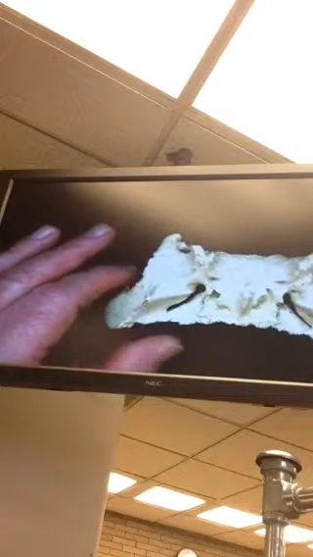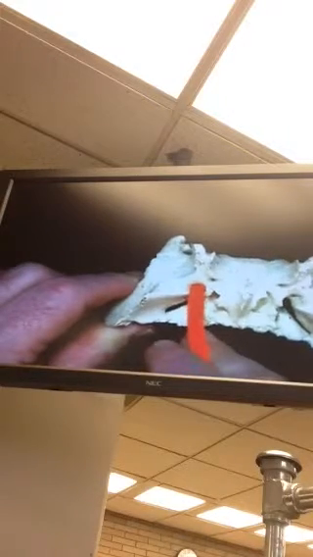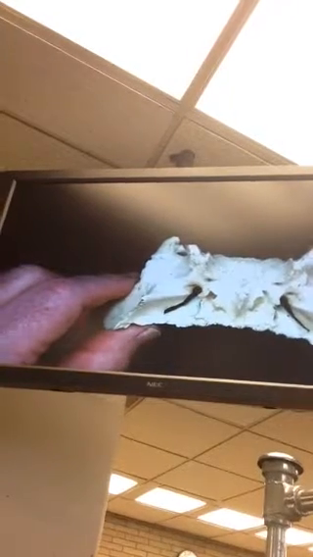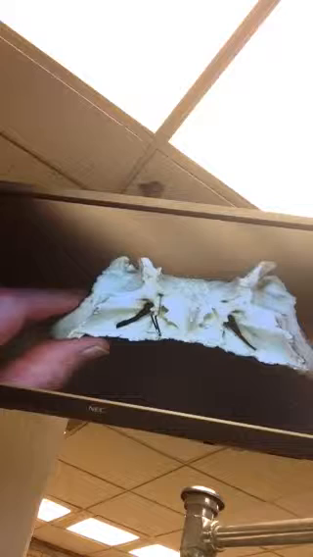And then alongside of the rostrum, once again, we can see an opening here. That's the foramen rotundum. And then there is another opening just medial to the foramen rotundum that we haven't talked about yet. This is the anterior aspect of a canal called the pterygoid canal, the Vidian canal.